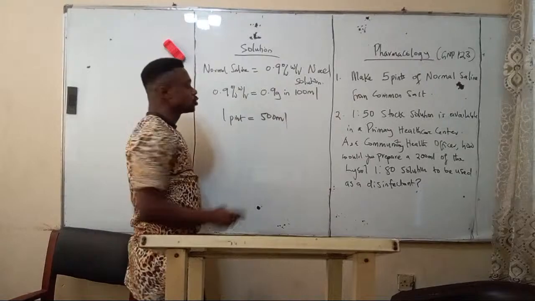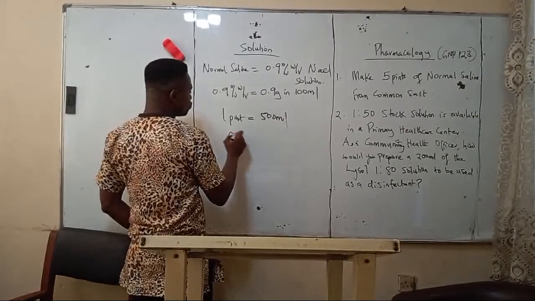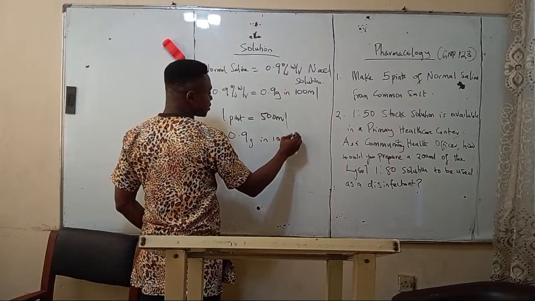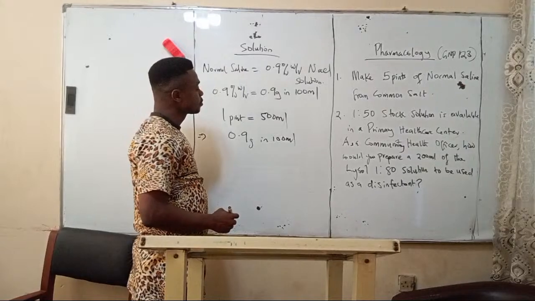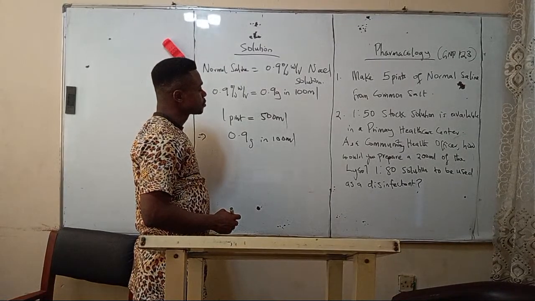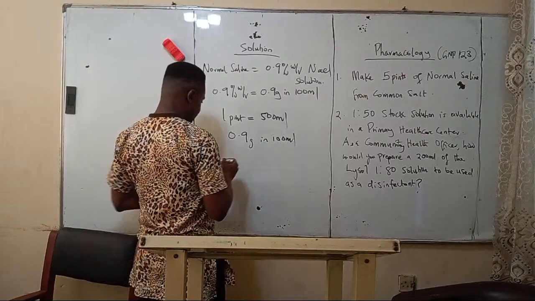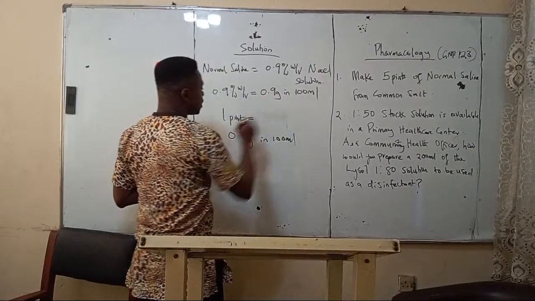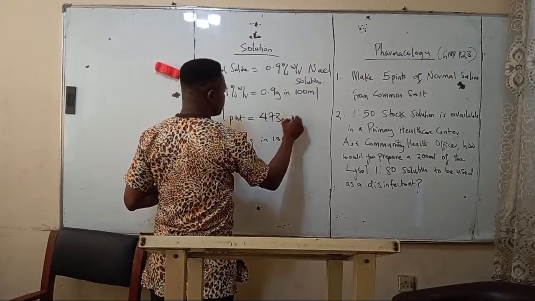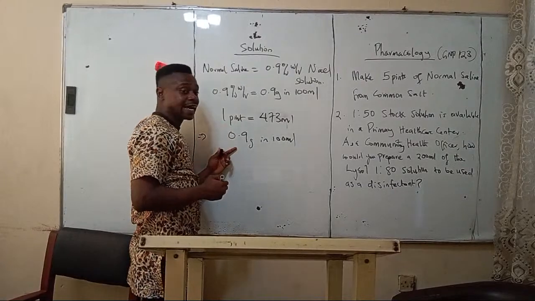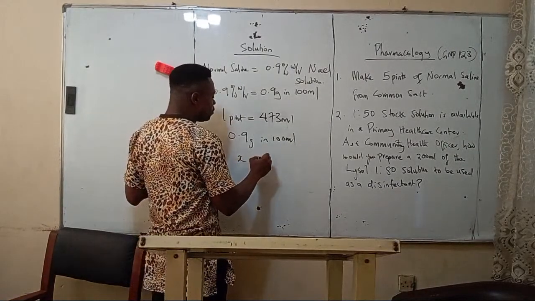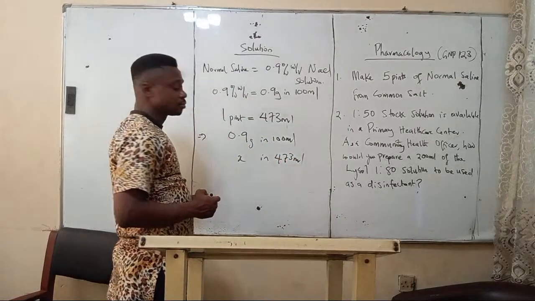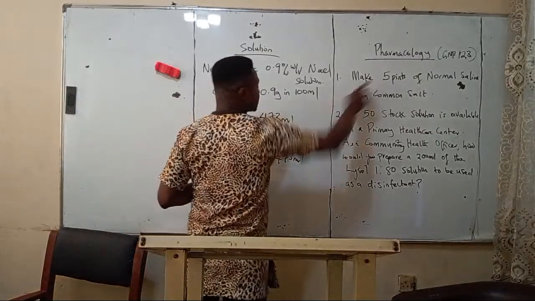To avoid confusion, let me use 473 ml, no problem. So if you have 0.9 gram in 100 ml, how many grams will be in 5 pints?